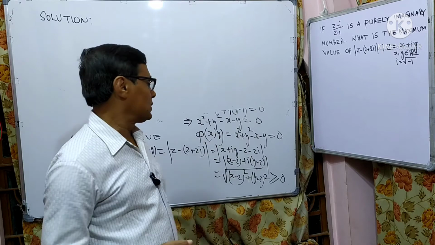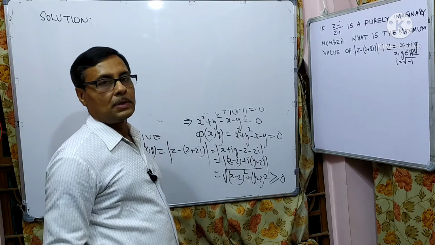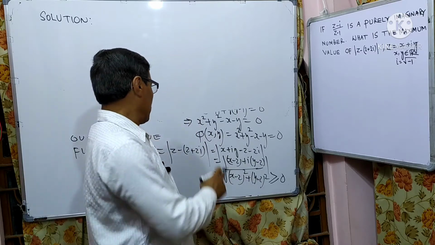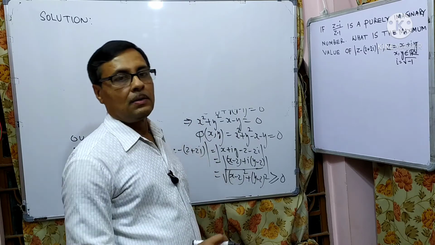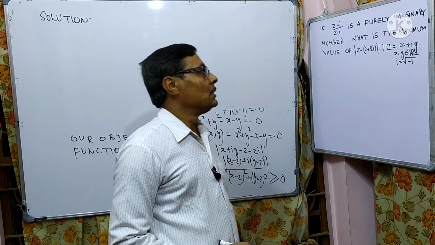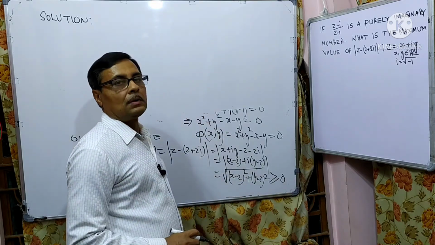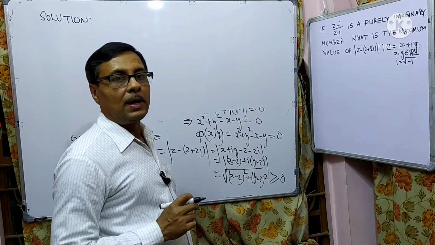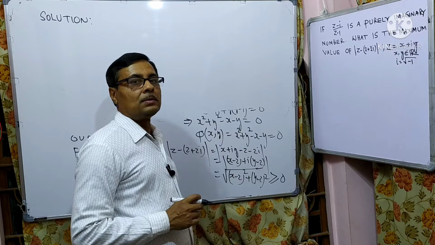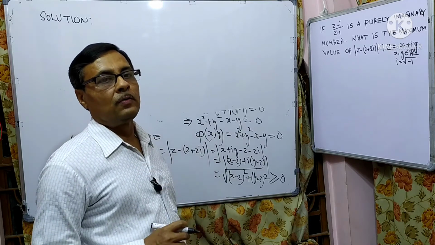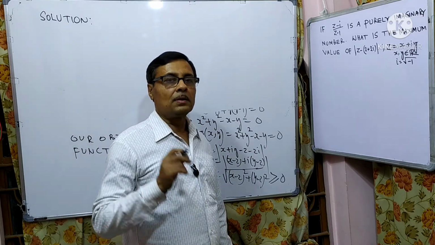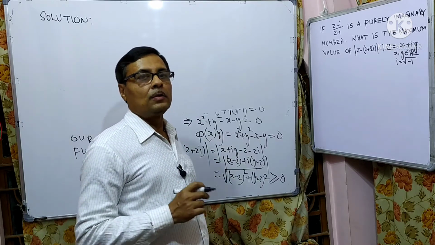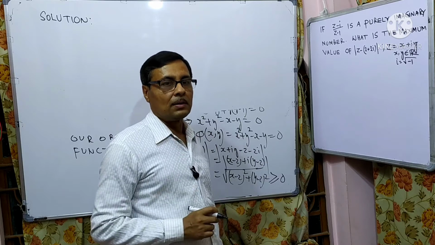There are so many methods to maximize a function of several variables. Here we shall use the more suitable method, which is the method of Lagrange multiplier.